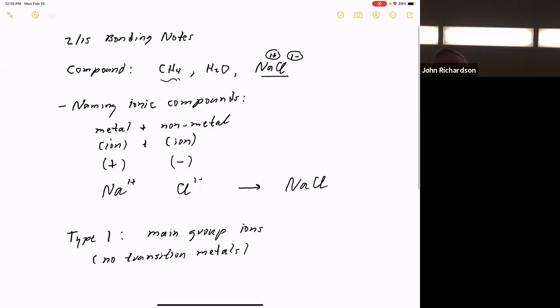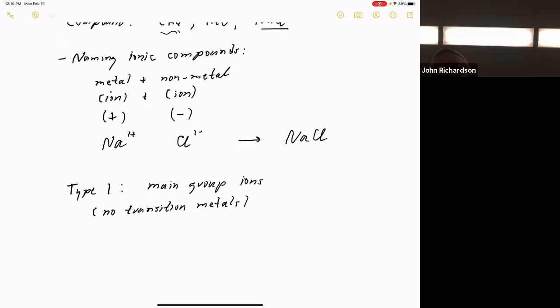We showed this down here: metal ions have a tendency to lose electrons, non-metal ions have a tendency to gain electrons. Metals like to carry a positive charge, non-metals like to carry a negative charge. Those opposing charges come together to hold these two particles together, hence sodium chloride.